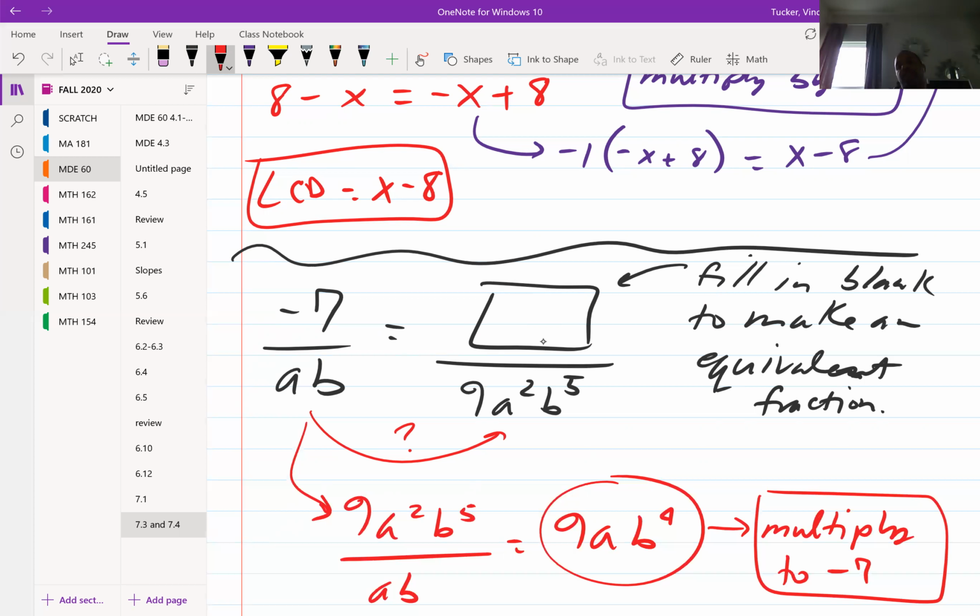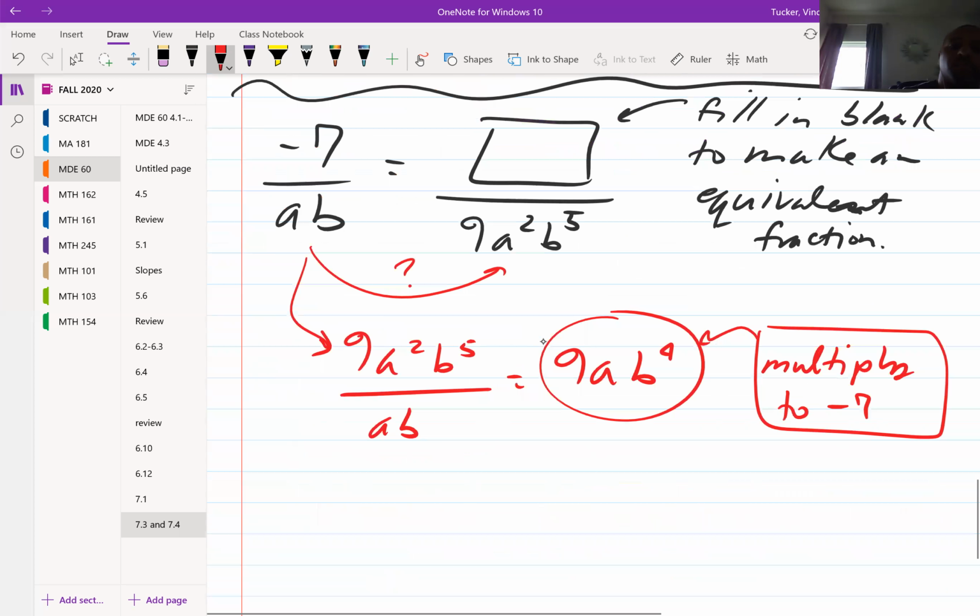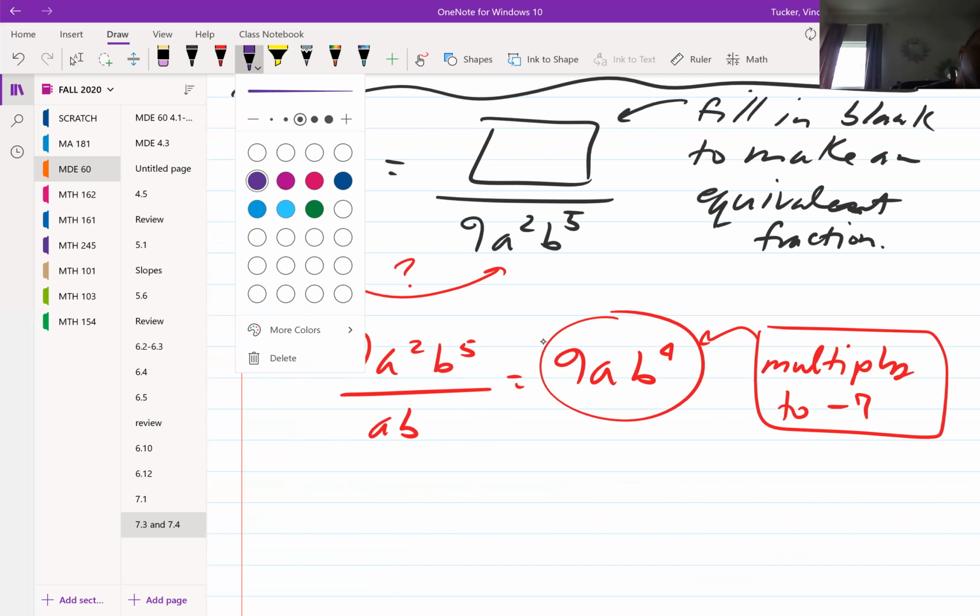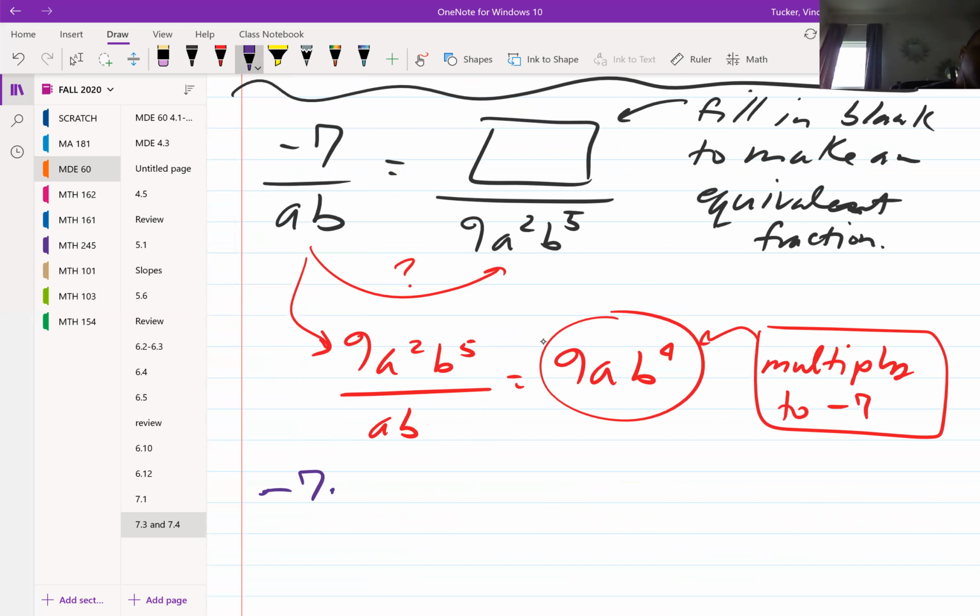So you multiply that to the negative 7. Maybe I should have my arrow going the other way. Because basically what you're saying is you will multiply top and bottom of that first fraction by 9ab to the fourth.